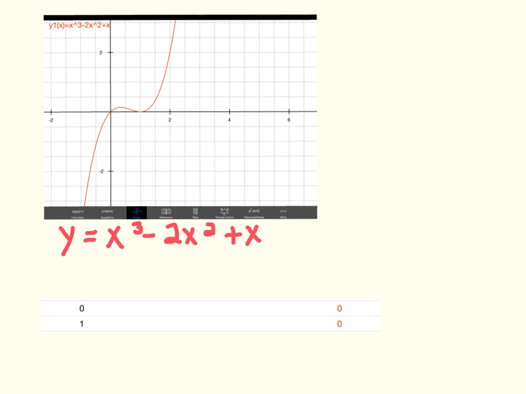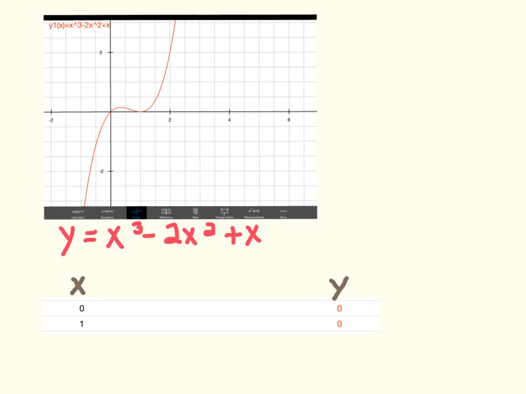I've also taken a piece of the table that was provided in the graphing calculator. When x is equal to 0, y is equal to 0, and when x is equal to 1, y is equal to 0.